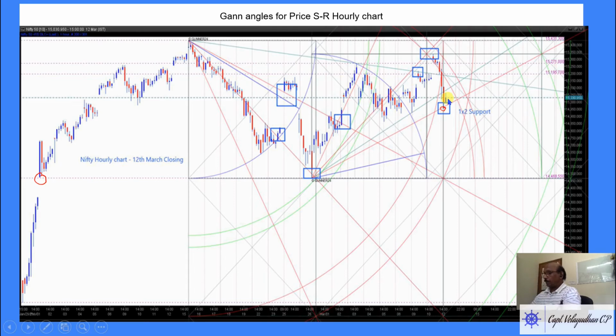So when you analyze on the hourly chart, the price has shown some support. So we don't know whether on Monday opening price may move up or down. But as far as Gann analysis goes, price is showing weakness because price is moving away and away.